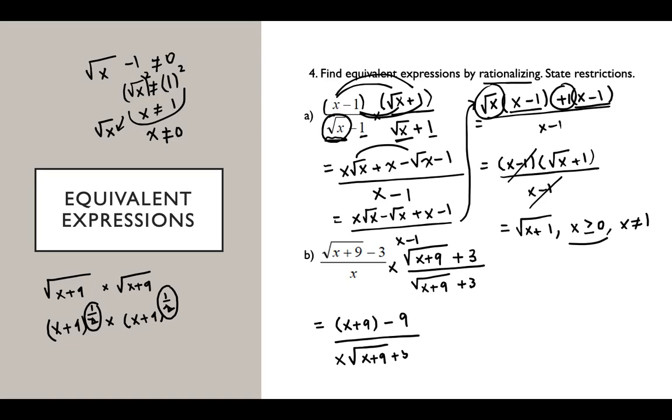Over x times square root of x plus 9 plus 3. And don't forget, you're going to put a bracket, right? Unless you do the distributive property. And then you'll notice that plus 9 and minus 9 cancel out. And then you'll also notice that in the numerator, I'm left with just x. So x and x cancel out.